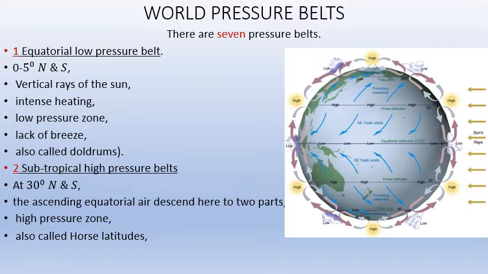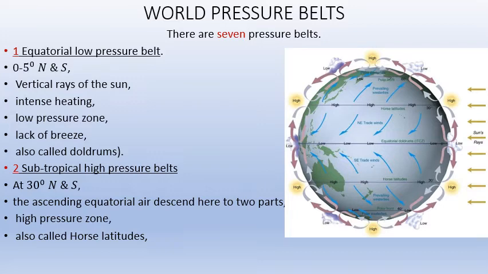The reason why they were called horse latitudes is that in earlier days, these are the regions where people used to travel in ships. And when they were traveling in ships, because the region had huge, fast blowing winds, the ships would almost topple and meet with an accident.